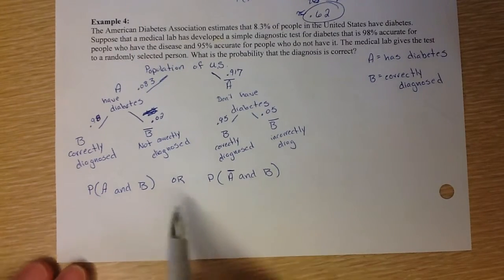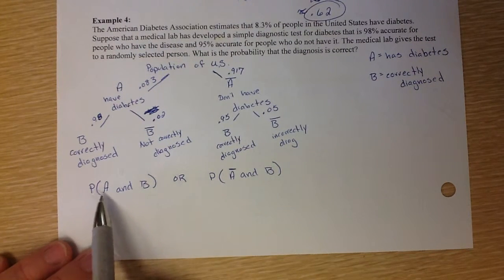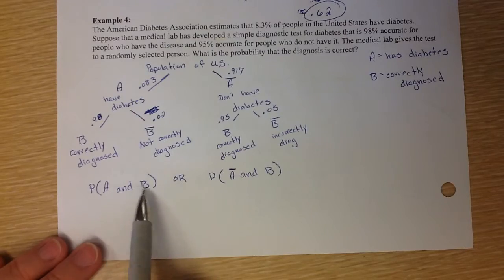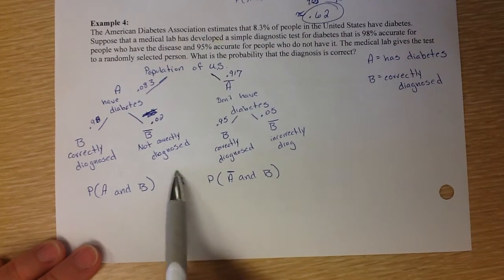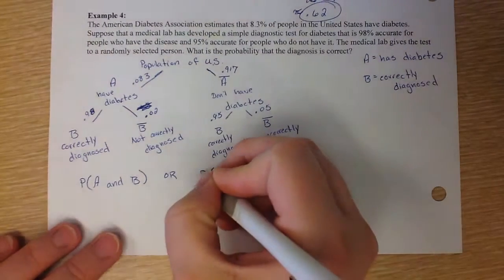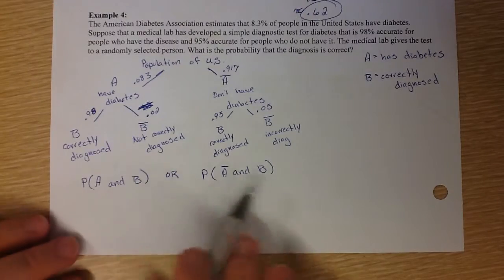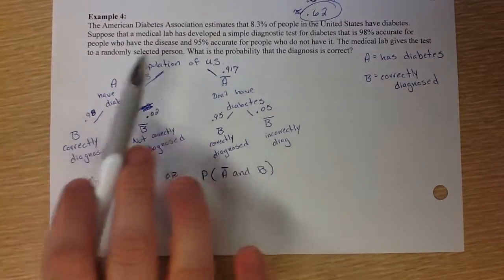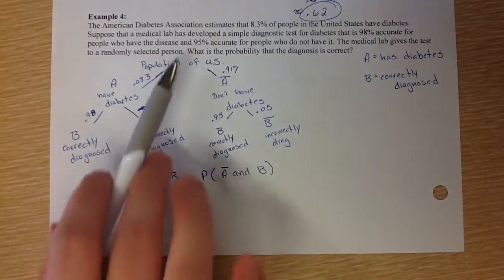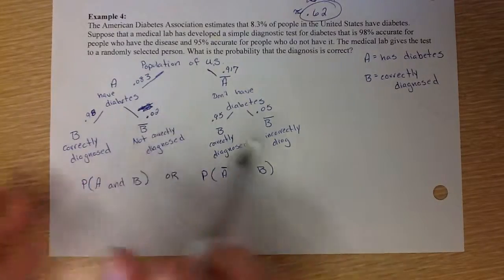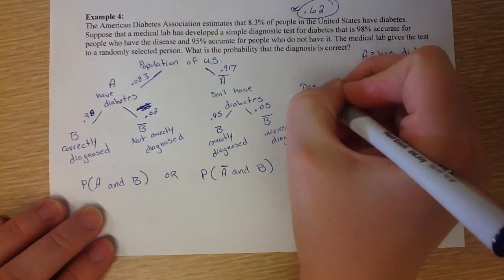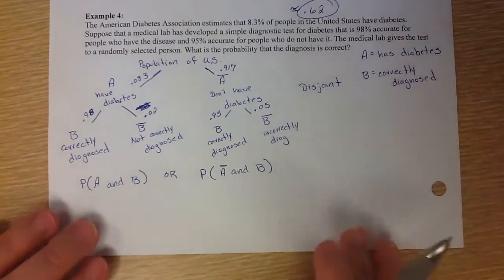If you notice, this is both dependent events and a compound event with or in between. Okay. But we can see that these two are disjoint. There is nothing in common between either you have diabetes or you don't. There's nothing in both sets. So this is disjoint. Okay.